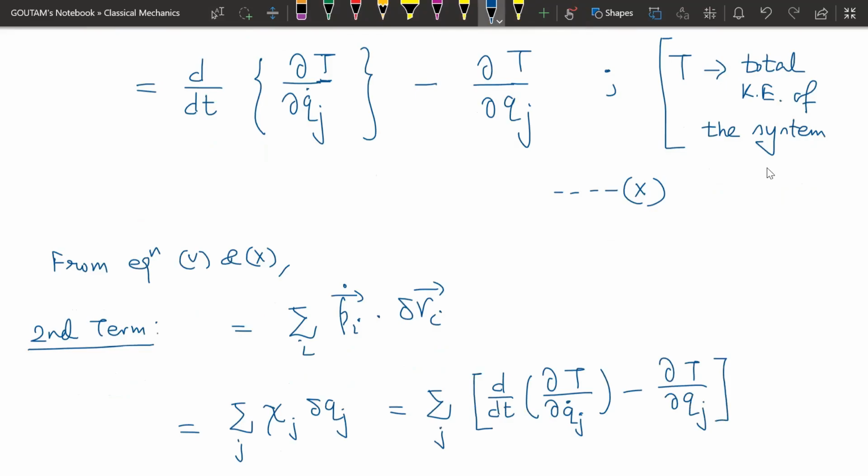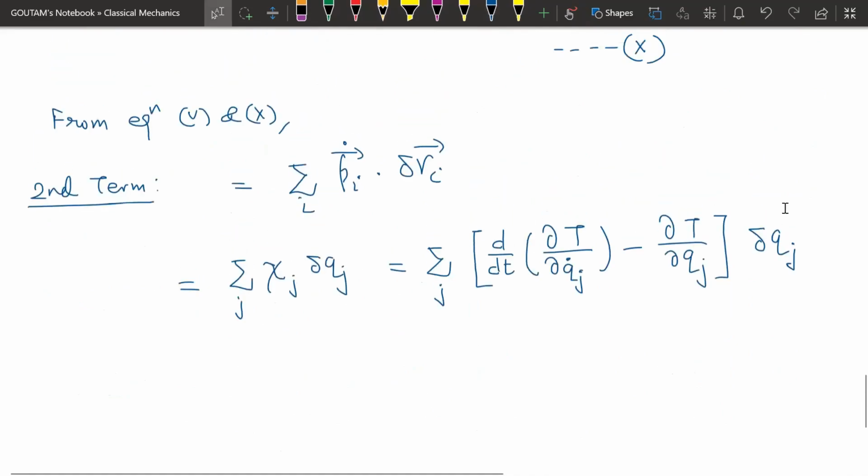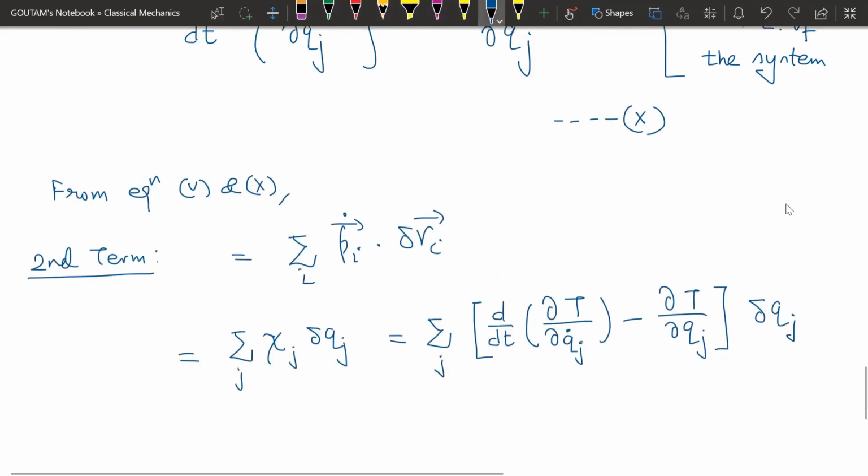This is chi j times delta qj, where delta qj is the virtual displacement in generalized coordinates. This is the second term. Let's call it equation 11.